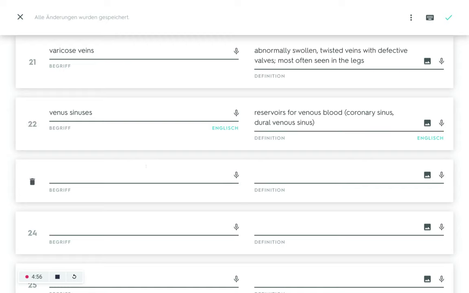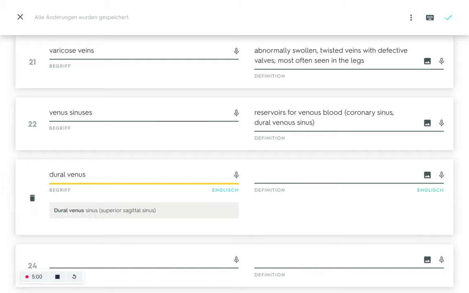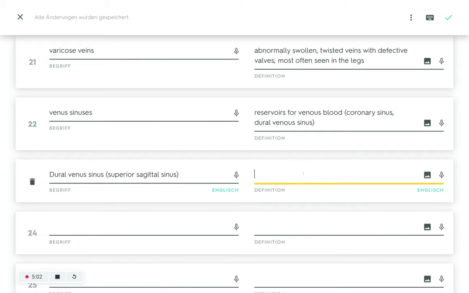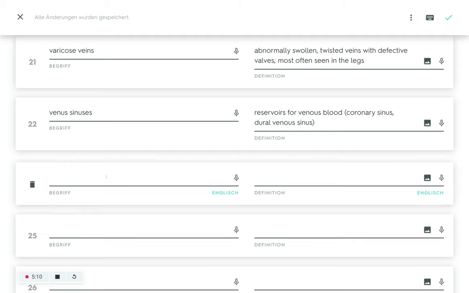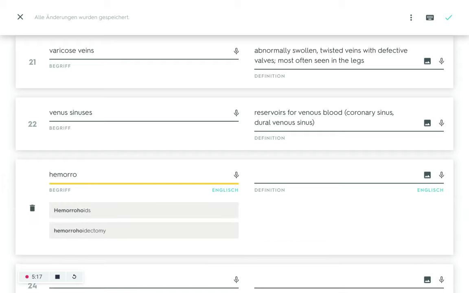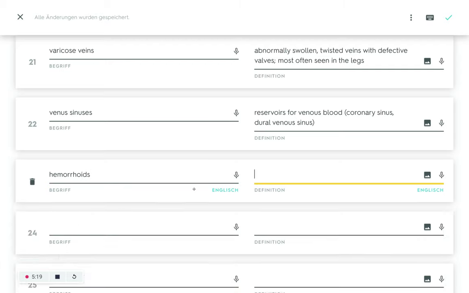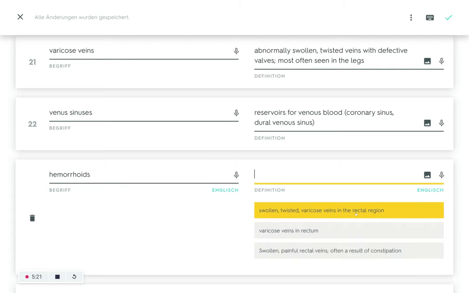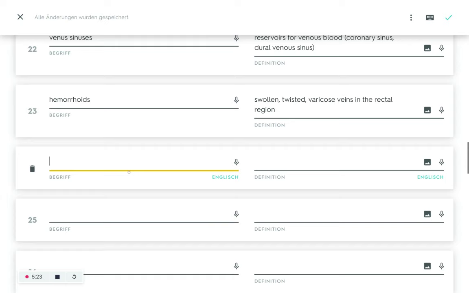For the dural venous sinus, you know what that is: the superior sagittal sinus, the main drain. We already know what that is. Okay, hemorrhoids. What is a hemorrhoid? Swollen, twisted varicose veins in the rectal region. So it's varicose veins in your anus.